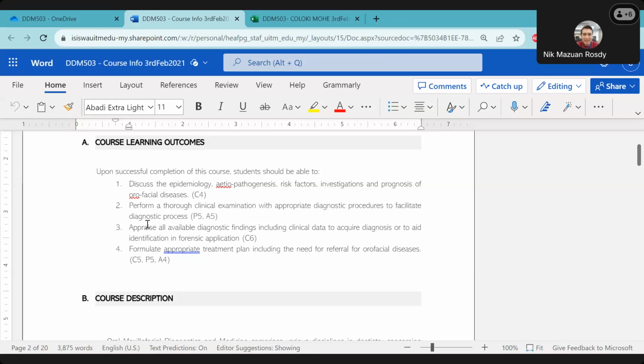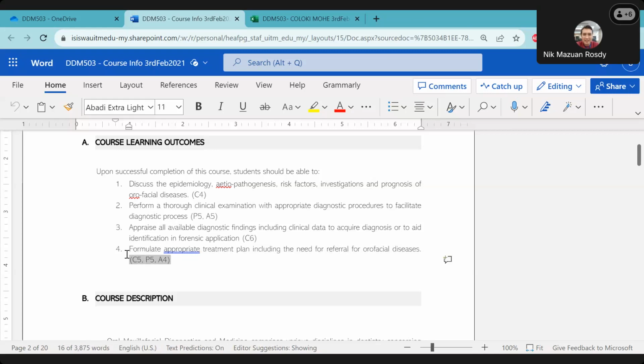And then CLO3, appraise, is again C6, so I can only ask on the paper. Then we have formulate here, where we have all ranges. So I can ask on the paper, I can ask on the psychomotor, but the big catch here is when you have both paper and non-paper based C5, P5, A4, you have to map the question in the final exam.